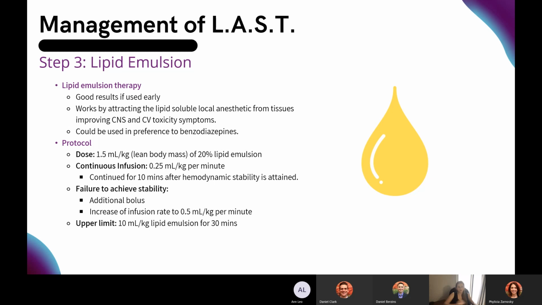So another therapy to consider is lipid emulsion. Lipid emulsion has shown good results in managing LAST adverse events. The lipid emulsion therapy works by attracting the lipid-soluble local anesthetics from tissues, improving CNS and cardiovascular toxicity symptoms.